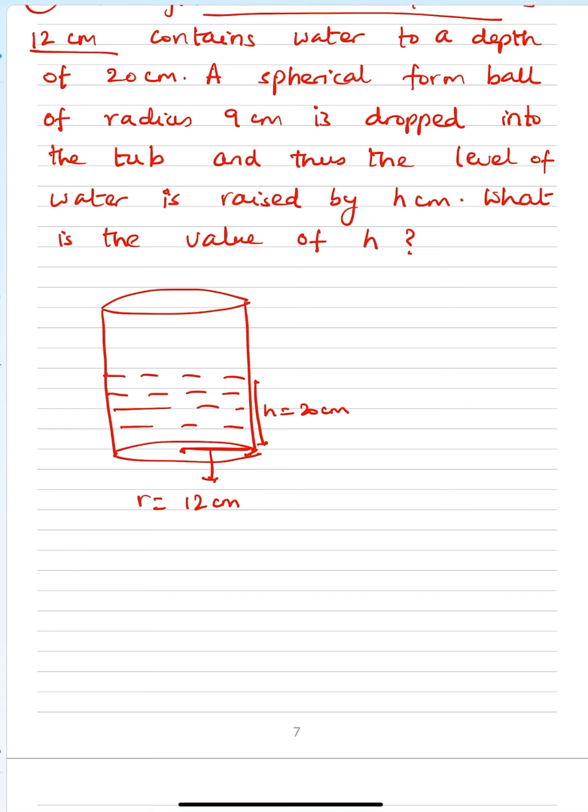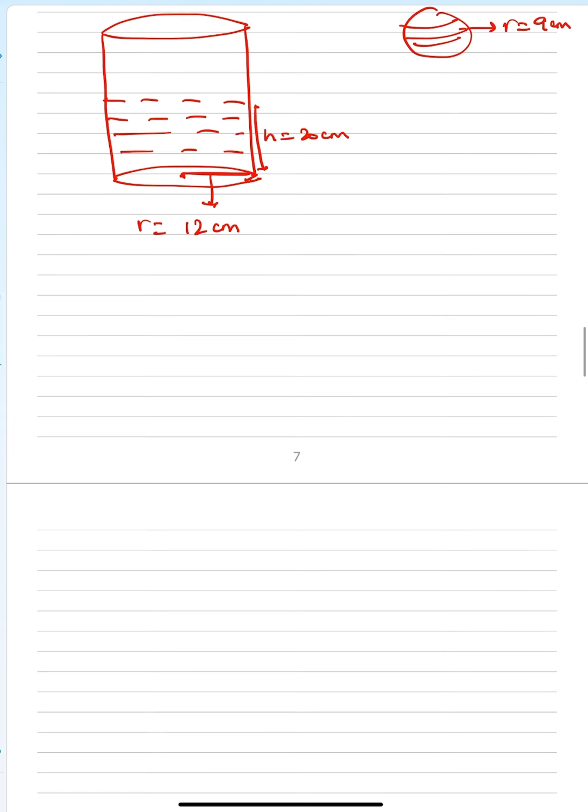Now here they have said that a spherical foam ball, that is a spherical ball of radius 9 centimeters is dropped into the tub. Okay, so this is the ball whose radius is 9 centimeters and it is dropped in the tub. So again the same drawing, correct? Let me draw the cylinder.